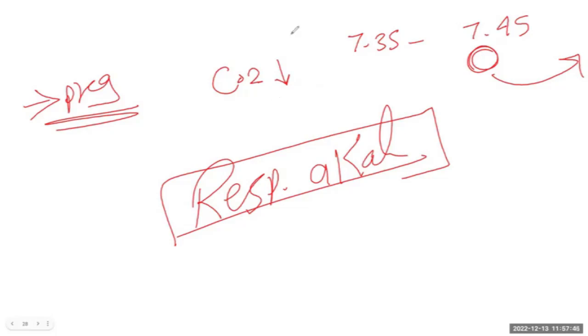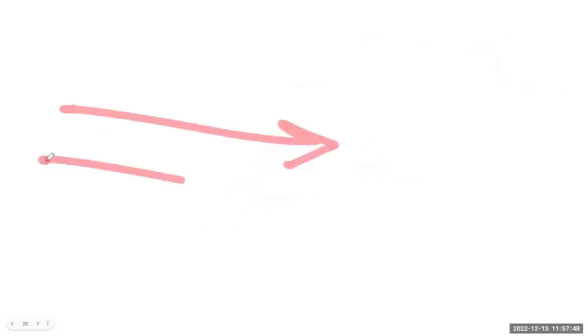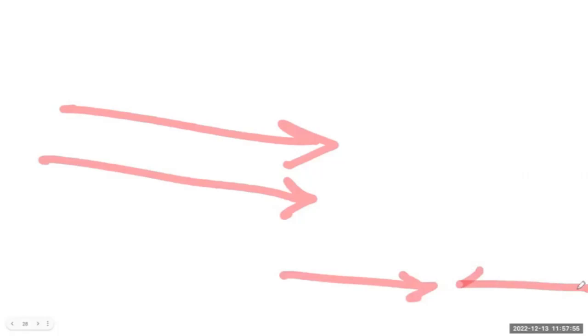And if I do it like this, one is mixed, while this one is compensated. Am I clear? And of course we can do it like this one, and this one also, it's mixed.